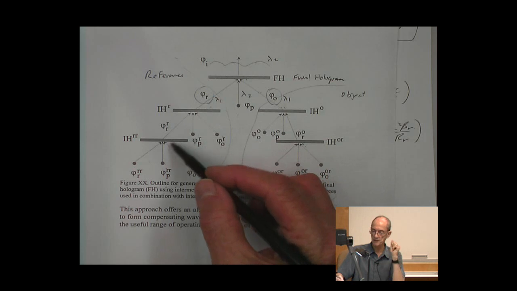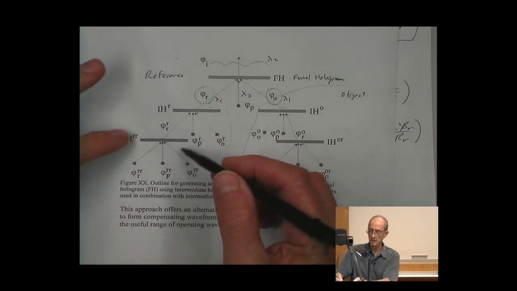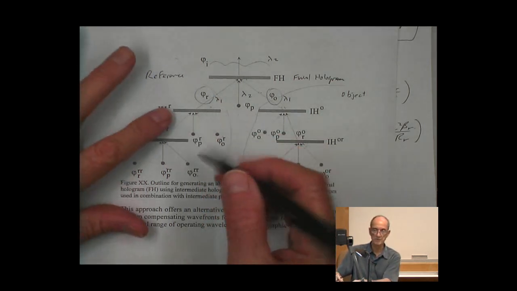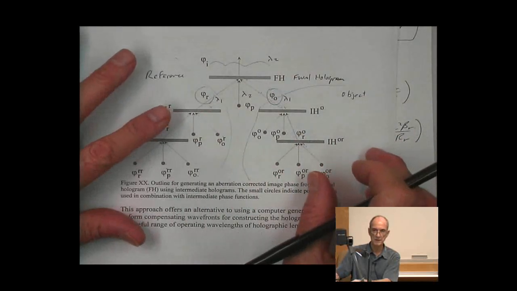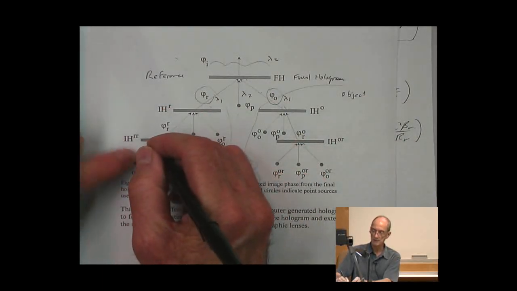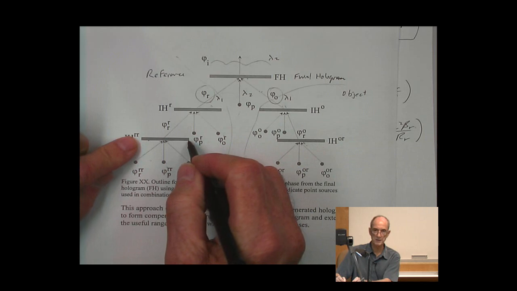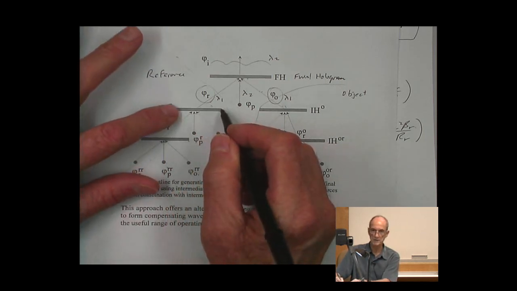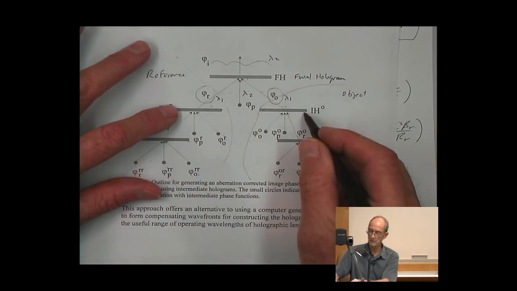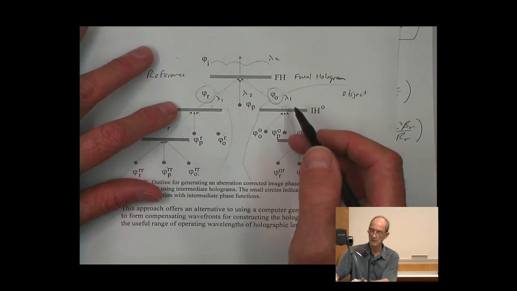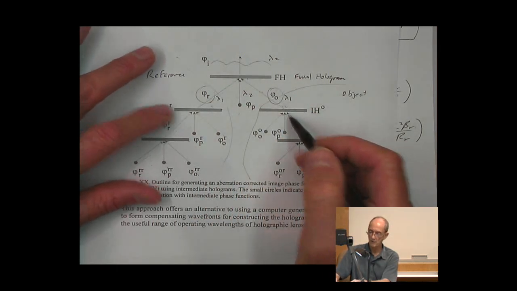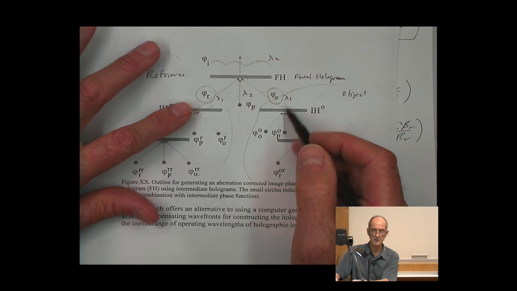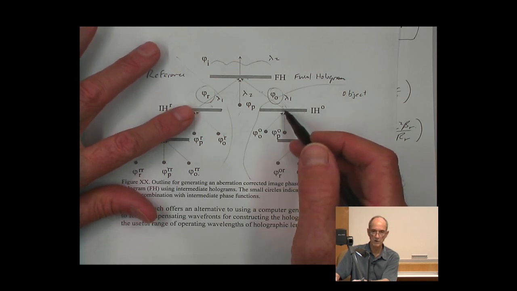And the reason for that is, remember, you're not going to have a setup with these three holograms in. These are made in process. This hologram is made in process. This hologram is made in process. Same with here and here. So the final hologram is formed illuminating these holograms and getting the diffraction efficiency for just one hologram.